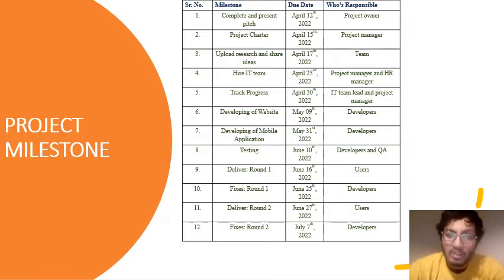Then the team has a chance to upload, research and share ideas. The due date is after 2 days, 17th April. The project management and HR manager are responsible for hiring the IT team.